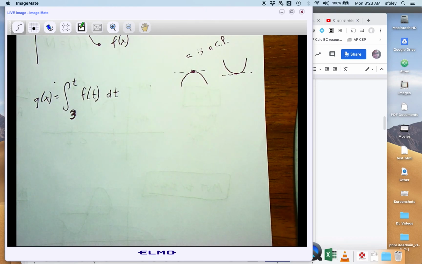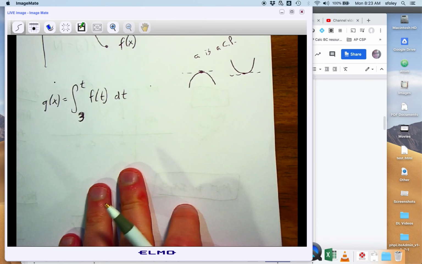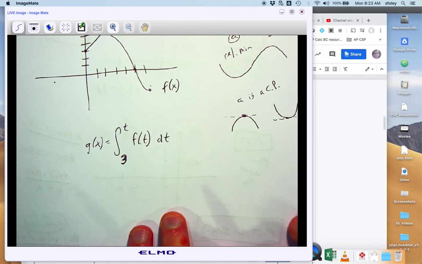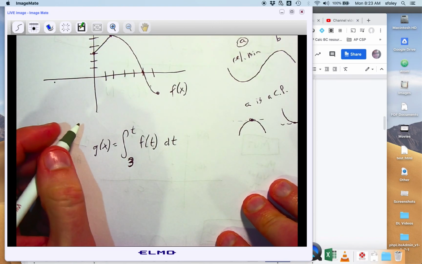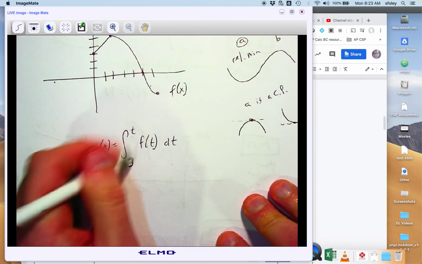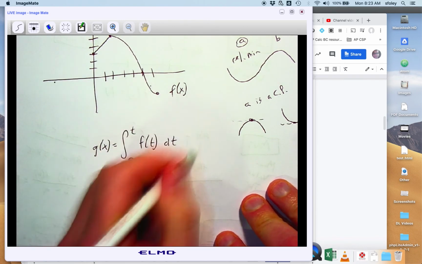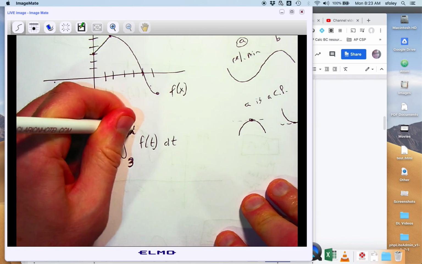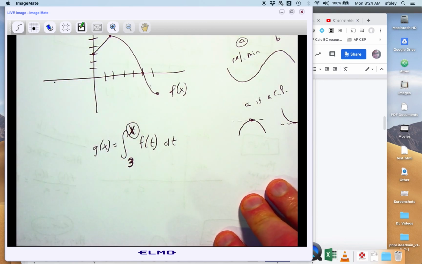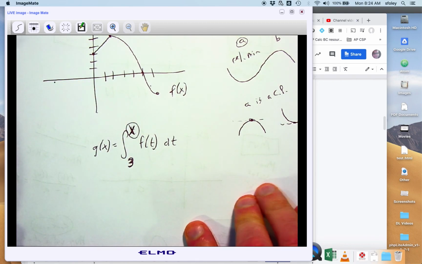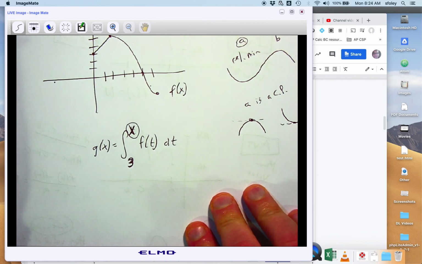One of AP's favorite types of problems is where they give you a graph of a function and then they create a new function based on that using an integral. And as soon as you see this, where the variable x is one of the bounds of integration, you're going to want to use that fundamental theorem of calculus that we talked about in the last video.